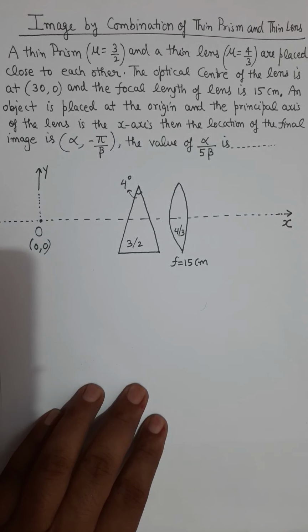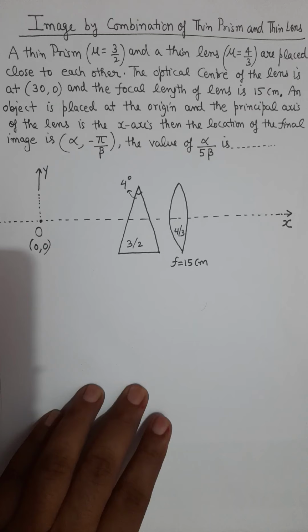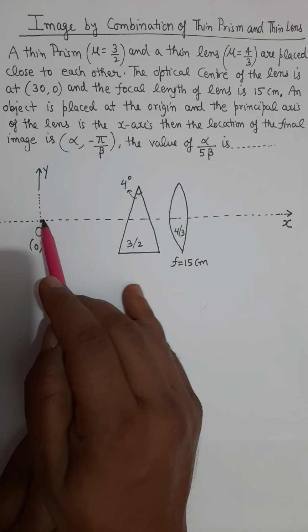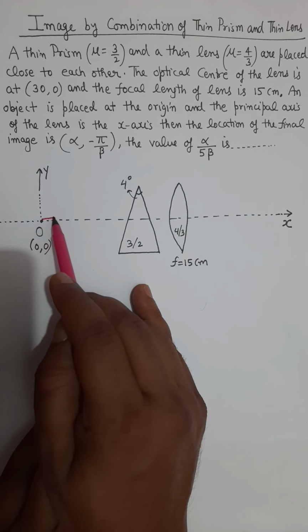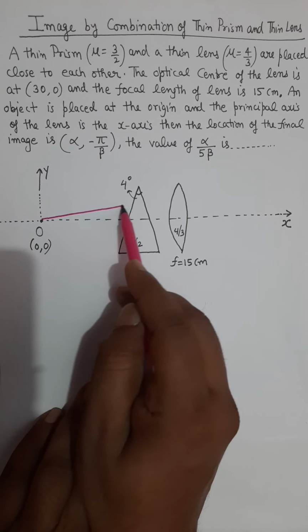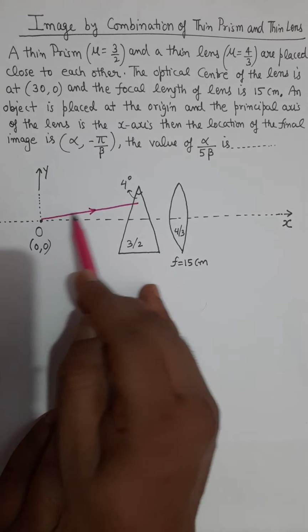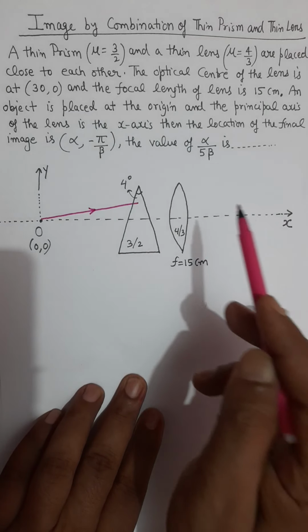So I will start the solution now. How can you proceed? Well, if I consider a ray which starts from the object and falls on the prism, let us say I consider a ray from the object to the prism.